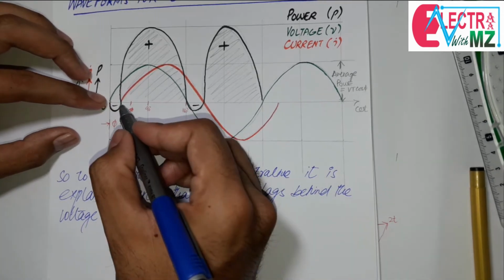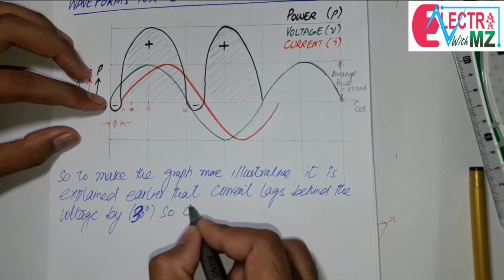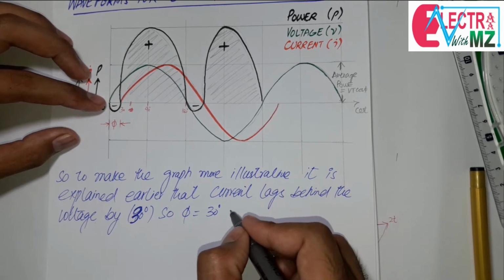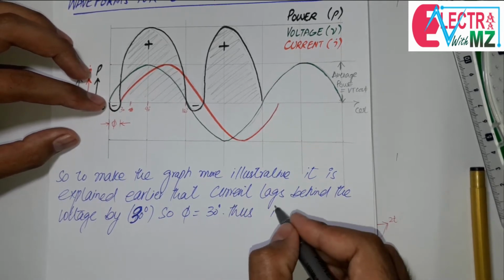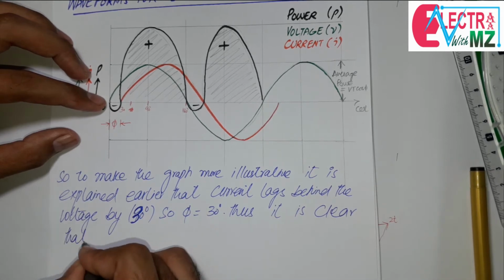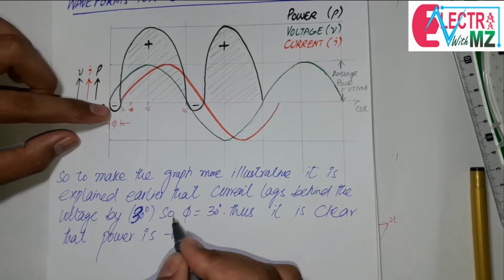Okay, because at 30 degree it lags, so phi, the phase angle, is equal to 30 degree. Thus it is clear that power is negative.